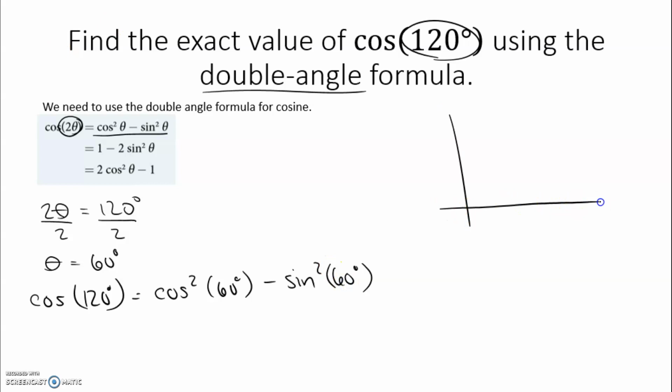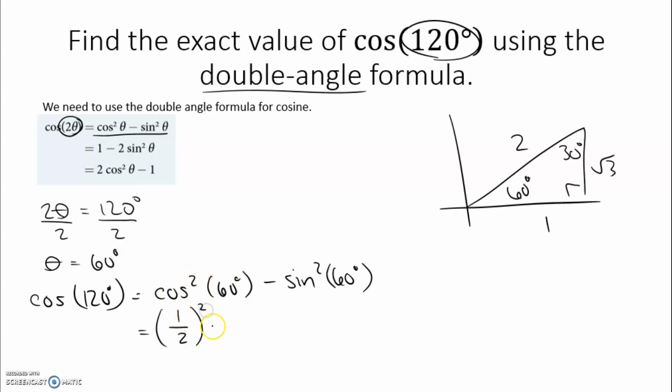Okay, so 60 degrees, 90, and 30. This is 1, square root of 3, and 2. Okay, so this is going to be cosine of 60 is 1/2. Make sure you don't forget this little square. Minus, okay, sine of 60 is square root of 3 over 2. Square that number.